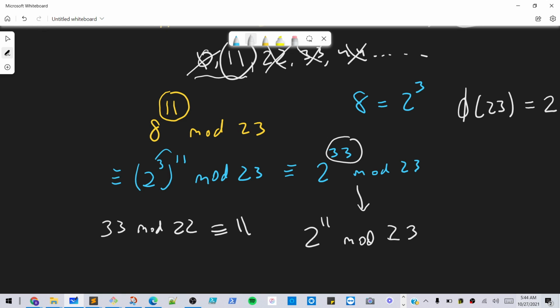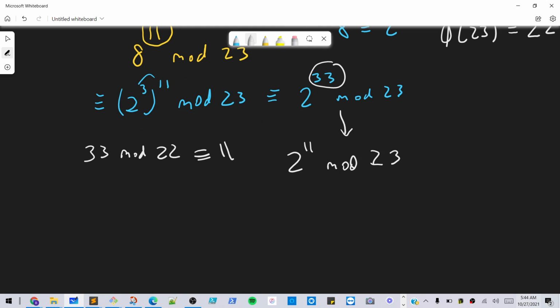Let's see, I'm just going to multiply this out. We know from earlier that 2 to the 3 equals 8, so maybe we'll start at that point. 2 to the 3 is 8, but if we square that, we get 64. 8 squared is 64.